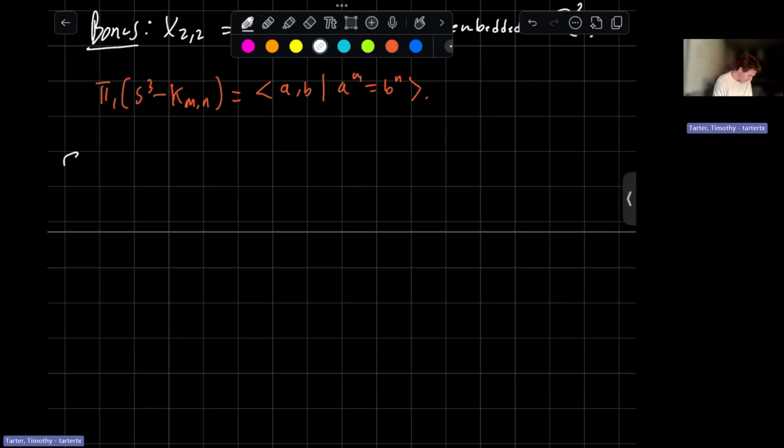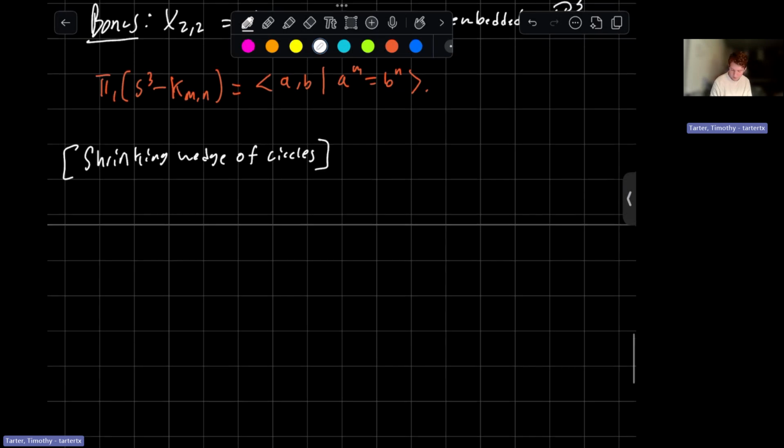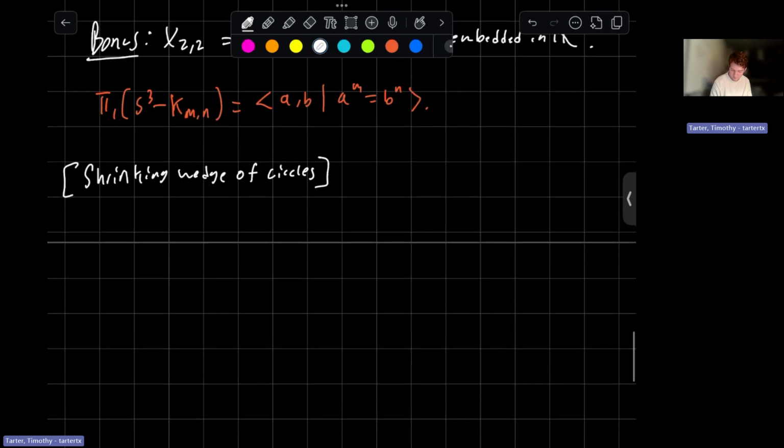So in the second example, the shrinking wedge of circles.